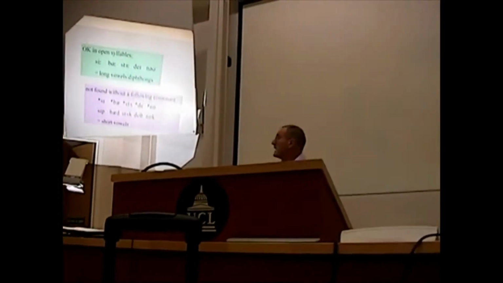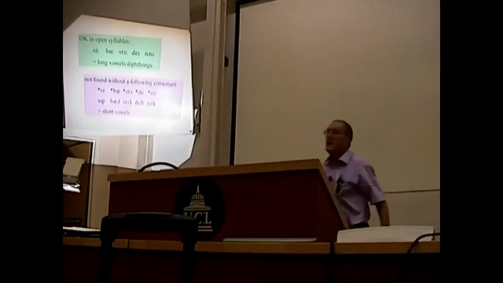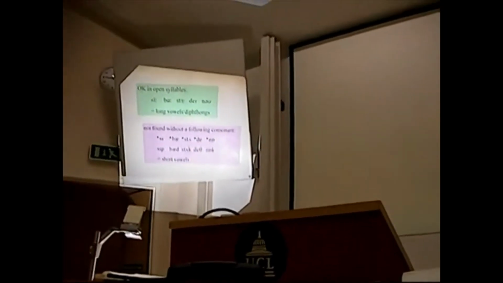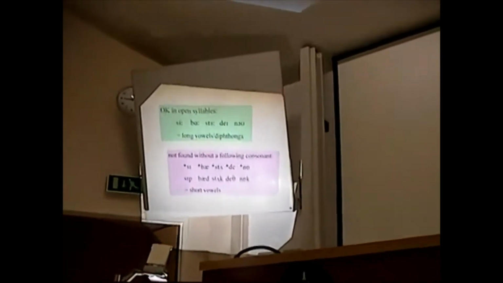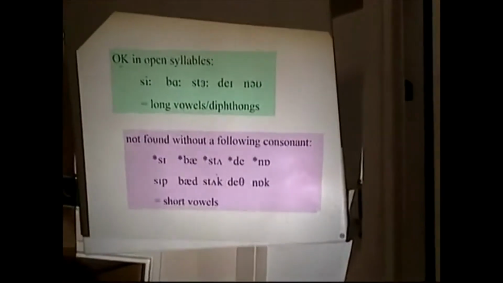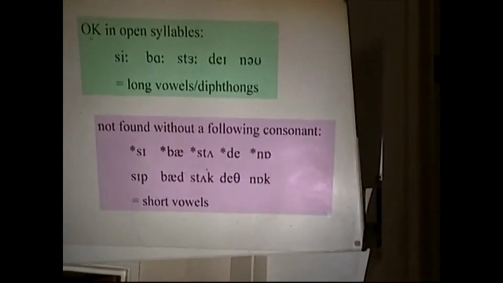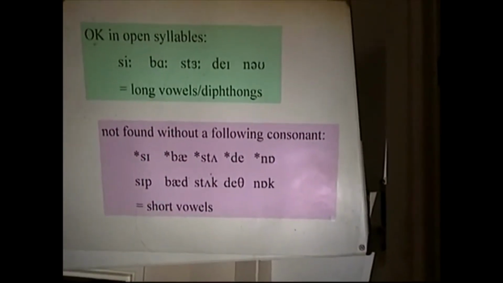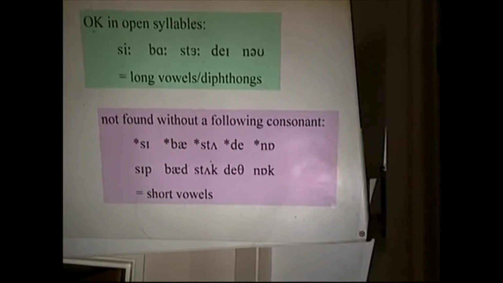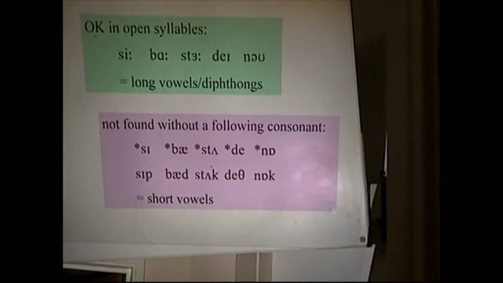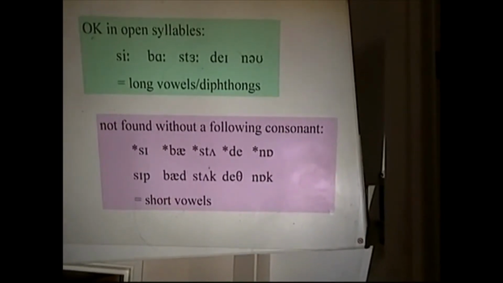So, first of all, there's a general point we have to make about strong vowels. Everybody knows that English vowels can be either short or long. Now, there are some languages where the difference between short and long vowels is just a matter of duration. Long vowels last longer than short vowels.